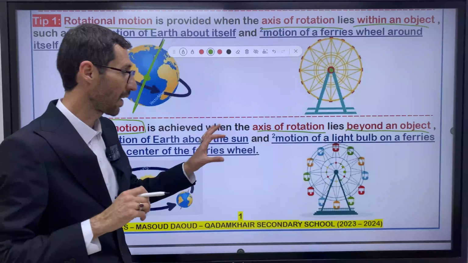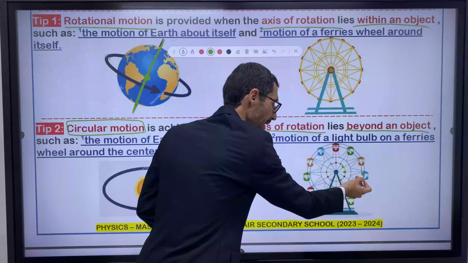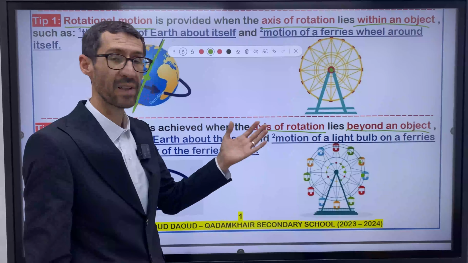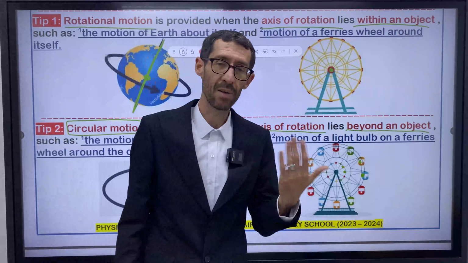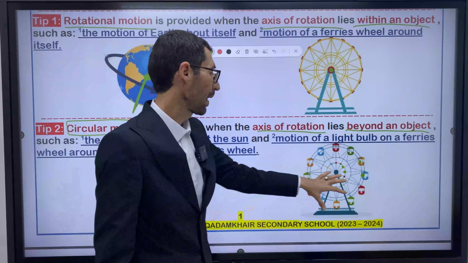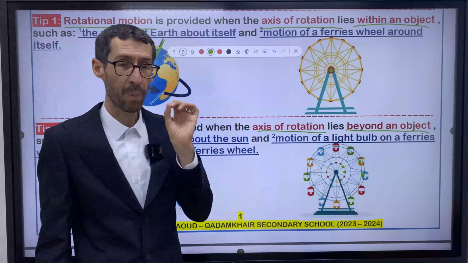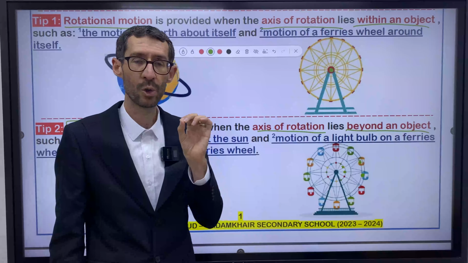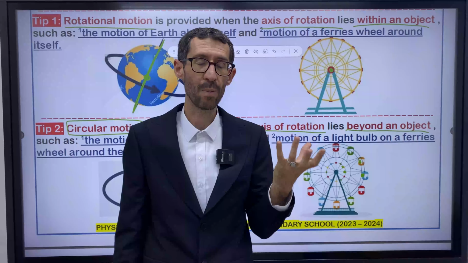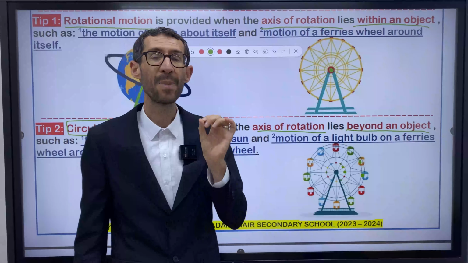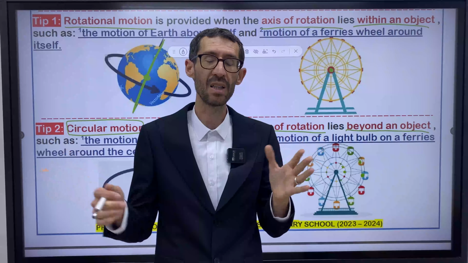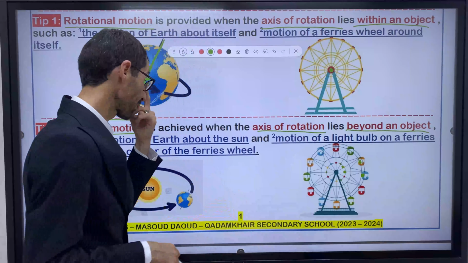If you take any point on the Ferris wheel, focus on one point, whether the point is a seat or a light bulb, anything, the motion of this particular point is not rotational, it's circular, right? So keep in mind that the axis of rotation is located outside the object, not inside the object, right?